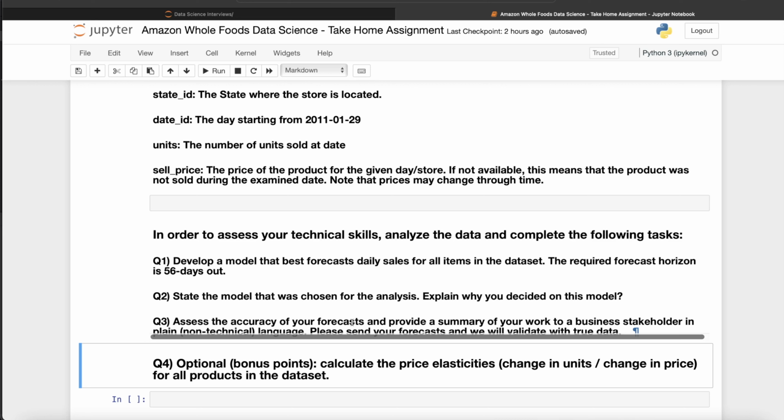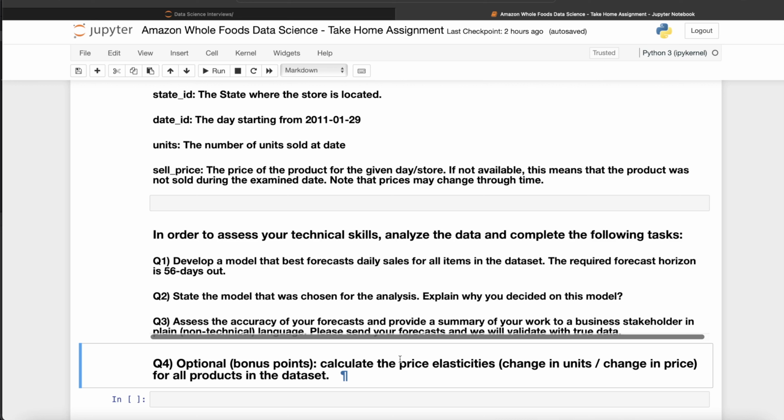And there was a final bonus question as well. It was not mandatory, but it carried bonus points. Here you need to understand the concept of price elasticity.